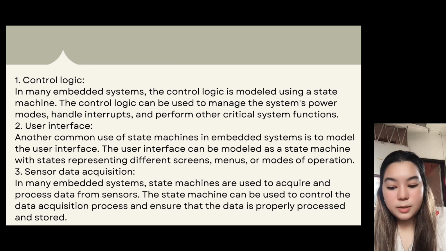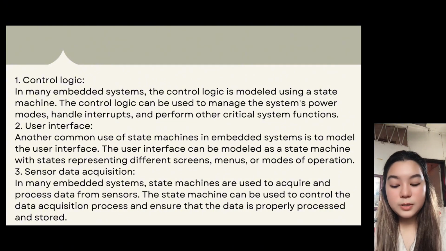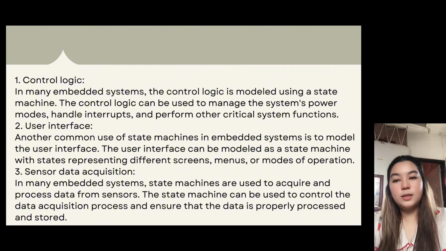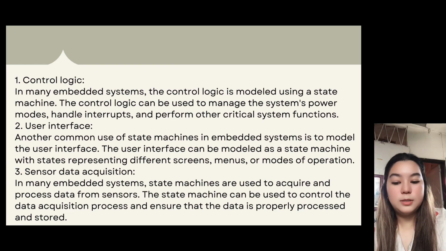A state machine can be used to acquire and process data from a temperature sensor, with states representing the different stages of the data acquisition process, such as data collection, filtering, and storage. So that's all for the examples of how state machines are used in embedded systems.